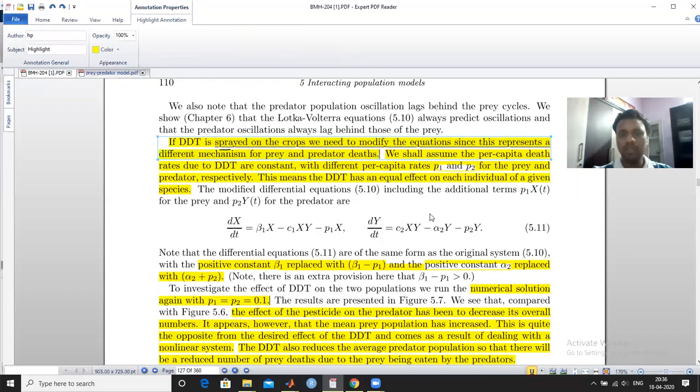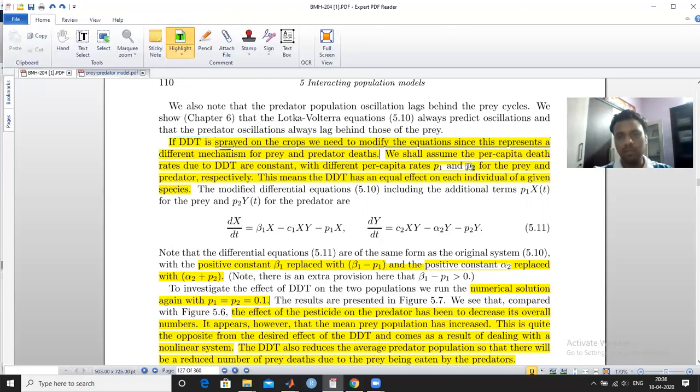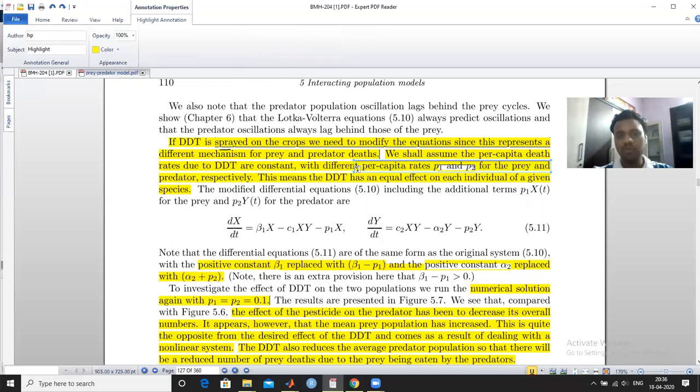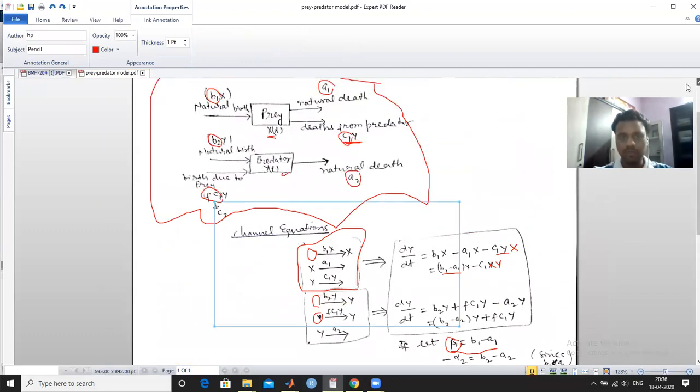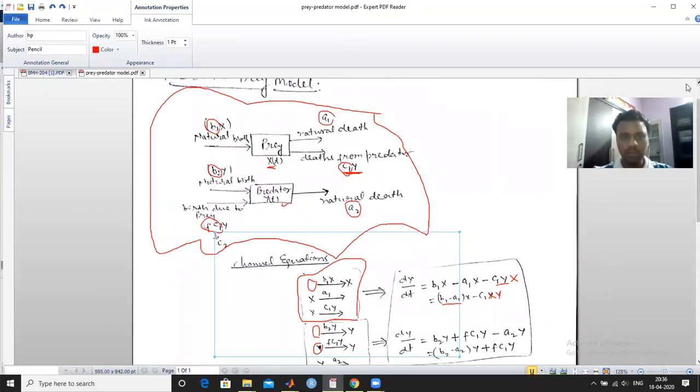So for the prey and predator, the effect of DDT is supposed to be in terms of deaths, and the death rates are P1 and P2. Suppose we consider the predator and prey populations with DDT.